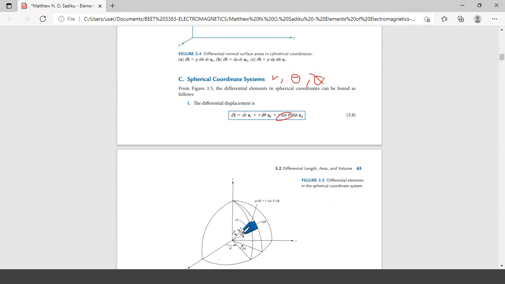For this length it is r d theta, and for this length it is only r. So the differential displacement is dr in the direction of r, r d theta in the direction of theta, and r sine theta d phi in the direction of phi.